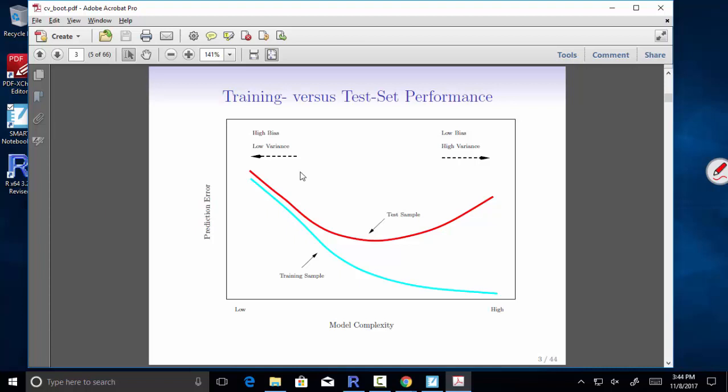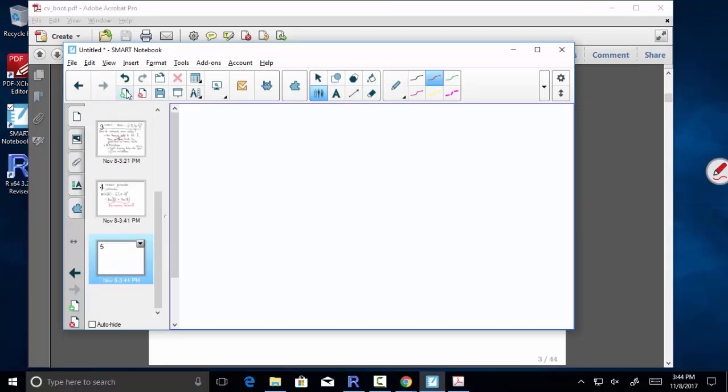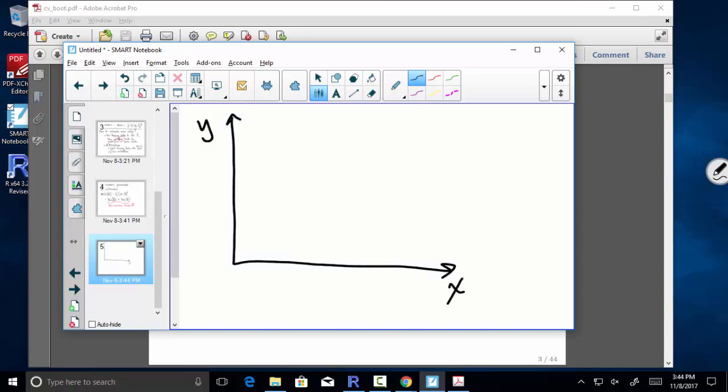The idea behind low variability for simpler models is, suppose we have a picture like this, a numeric predictor variable and a numeric response. And suppose we collect some data.